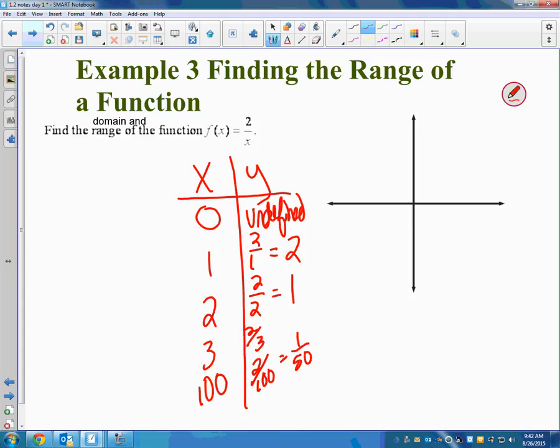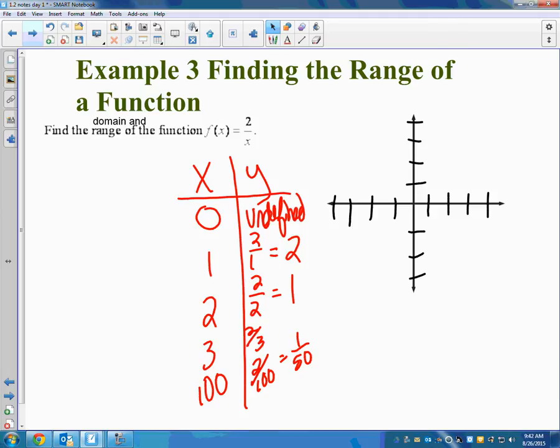What's going to happen when I pick those same negative numbers? If I pick the same numbers negatively, what's going to happen with my y values? They're just going to be negative. So let's graph that and see what that looks like. Zero, I got nothing.